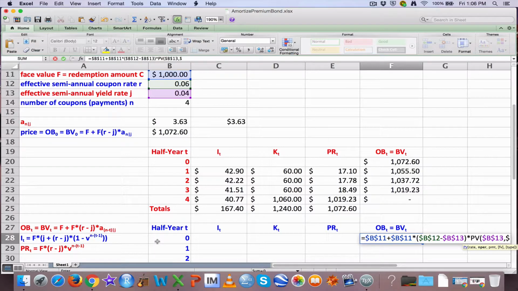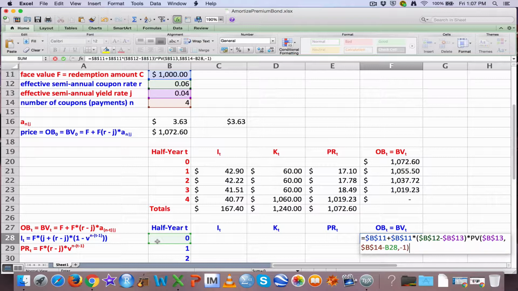So I'm going to use B14 with dollar signs, minus B28 without dollar signs. Again, that's n minus t. N comes from B14, and that's fixed. T comes from B28, and that's not fixed because I want that to be 1, 2, 3, 4 in the other formulas. Then a comma, -1, just like before.